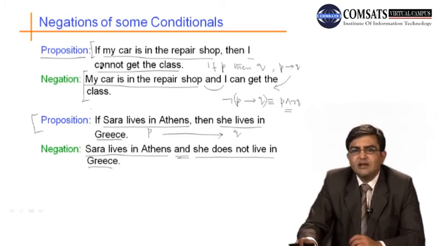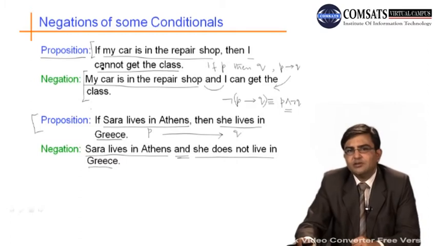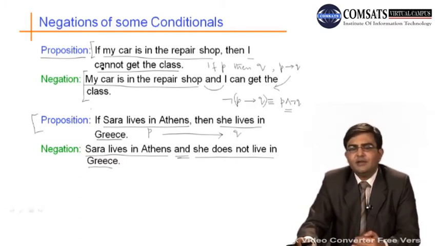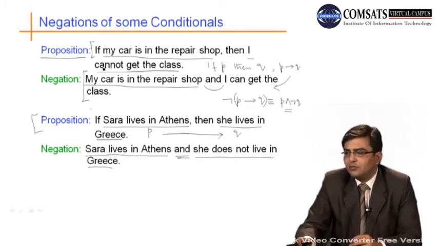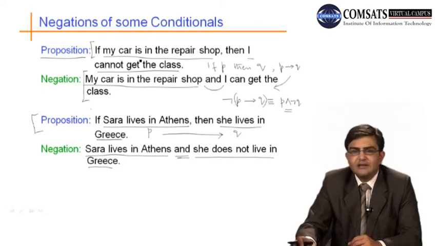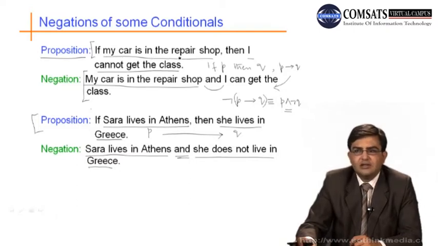And what will be the inverse? In inverse, as I told you, we take the negation of P and Q both. So the inverse of this statement, if my car is in the repair shop, then I cannot get the class, will be: if my car is not in the repair shop, then I can get the class.